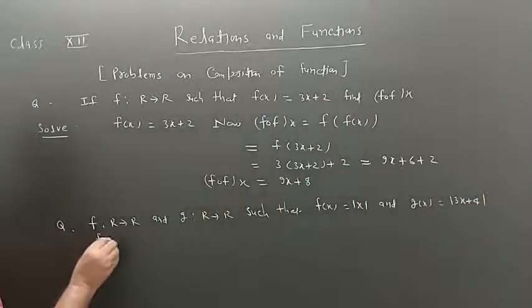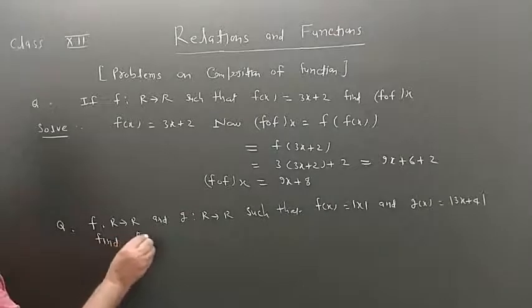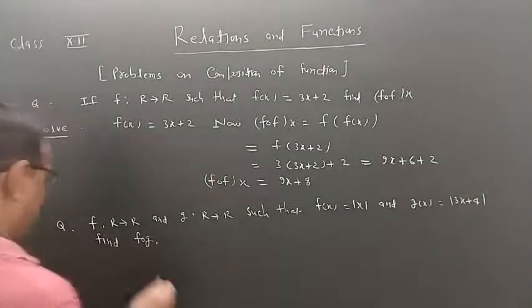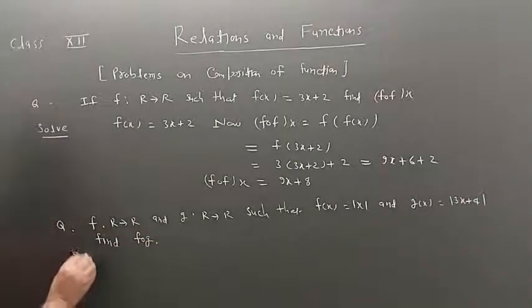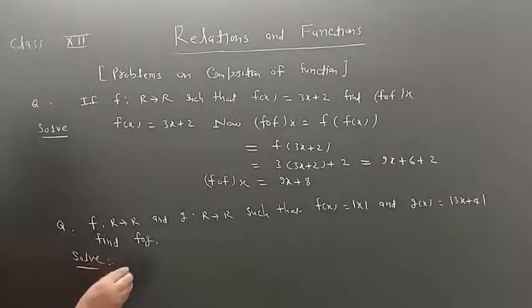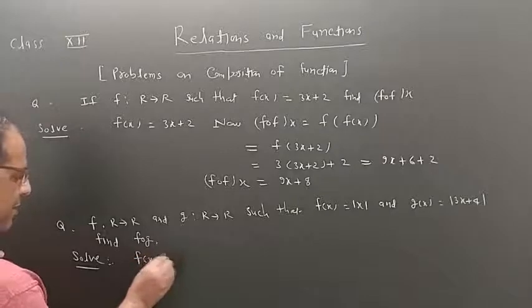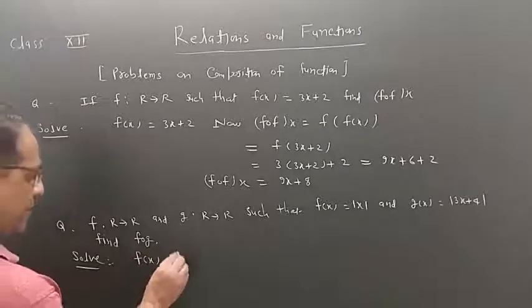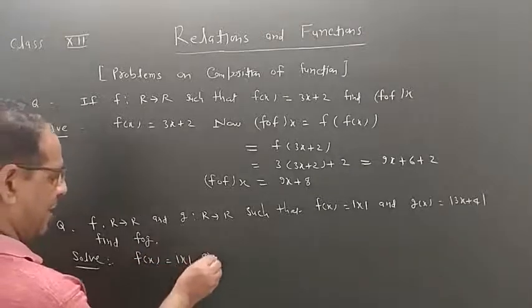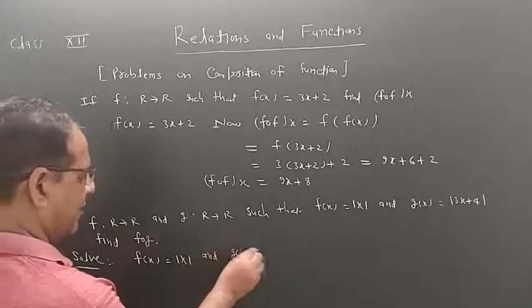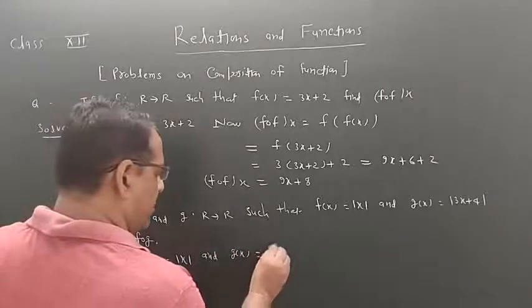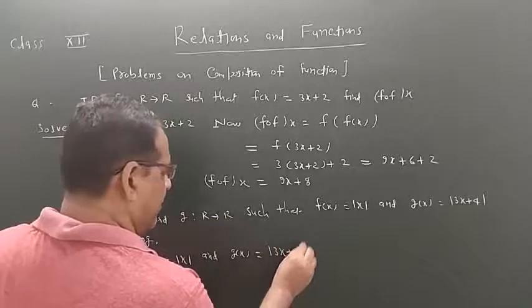Find fog. So how can we solve this type of question? f(x) equals mod x and g(x) equals mod of 3x plus 4.